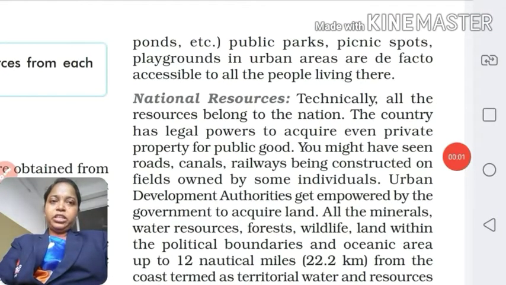As we already discussed, nations have the legal power to acquire properties, whether private or government, for public goods.